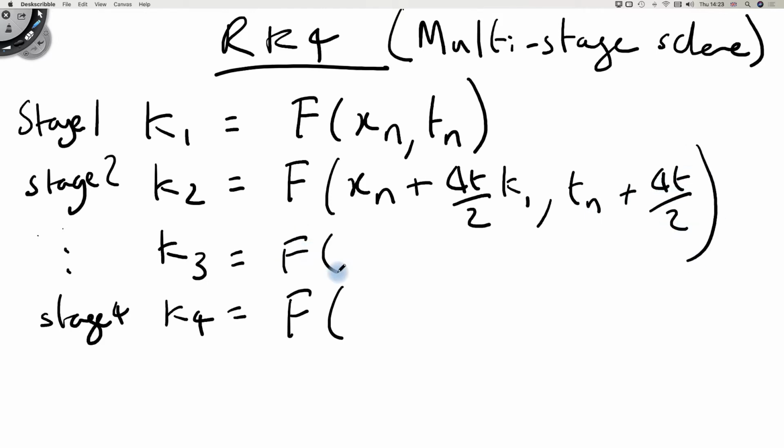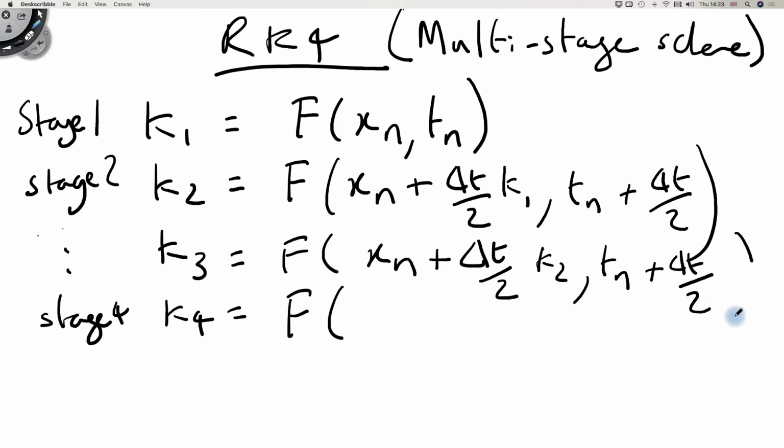Then there's another evaluation somewhere in the middle, but what we're doing each time is we're using the previous stage to update it. So the roughly midpoint for K2 uses K1, then K3 uses K2, so you have delta T on K2, Tm plus delta T on 2. And then finally K4 uses K3 plus delta T on K3, Tm plus delta T.